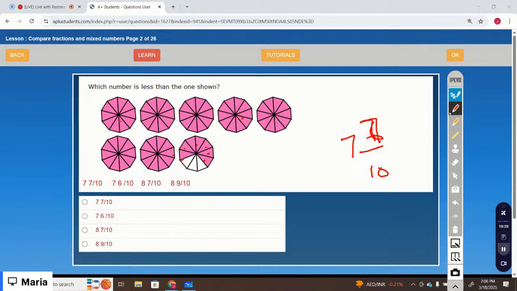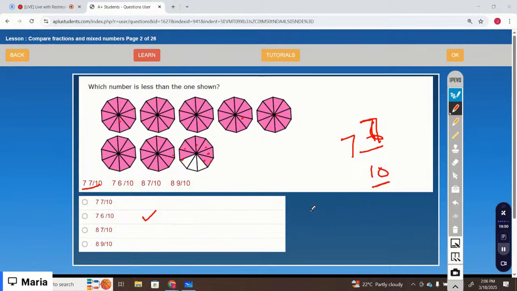So the one that is less than 7 whole 7 over 10 is, the first one is 7 whole 7 over 10. So they both are exactly equal. Then 7 whole 6 over 10. So option number 2 is the correct option because they have same whole numbers. But when you compare their fractional part, 6 by 10 is smaller than 7 over 10.